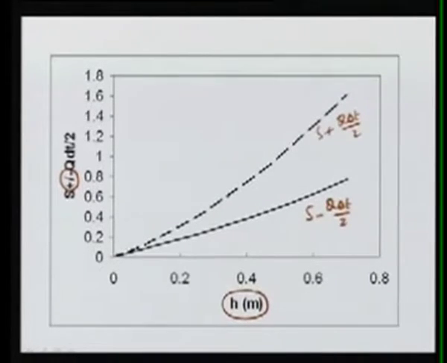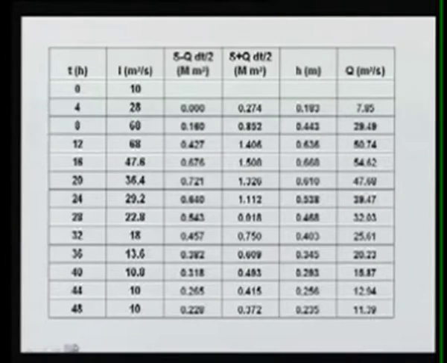So the calculations proceed like this: T in hours and inflow in meter cube per second is given to us. S minus Q delta T by 2 is 0, because our initial H0 is assumed as 0. Therefore both S and Q are 0.